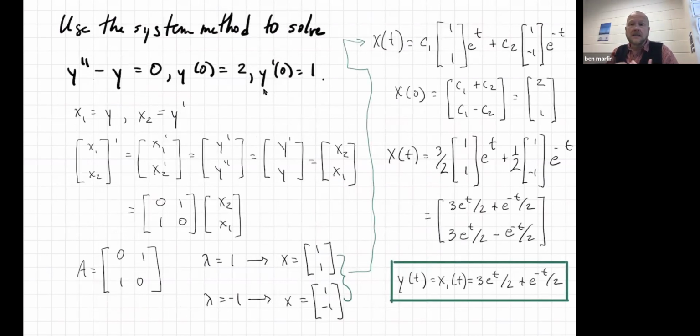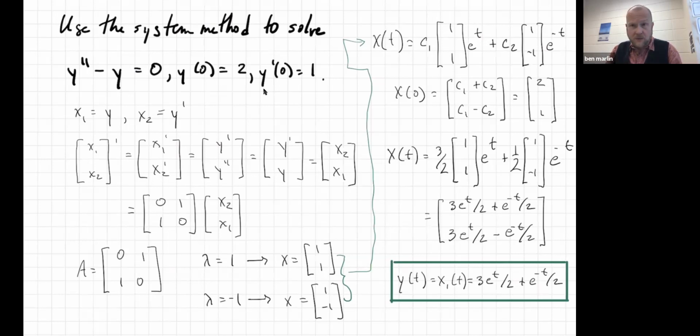So, getting a little bit more towards being able to use the iterative method, right? We talk about systems in part because sometimes problems show up as systems, but also because you can use this system method to make solving higher order equations easier.